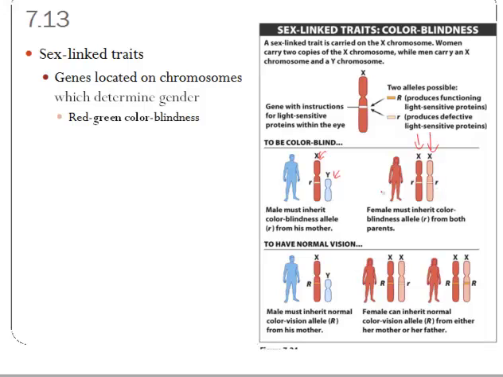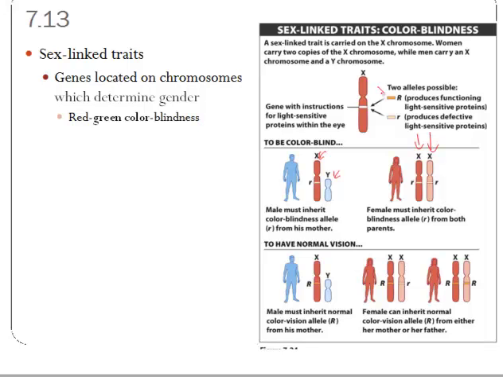So depending on which of these you inherited from your father, it determined if you are a boy or a girl. Now, if there's a characteristic on that X chromosome, it's going to be inherited differently in males than in females, because females are going to have two copies, and males will only have one copy of that characteristic. And this is true with red-green color blindness.